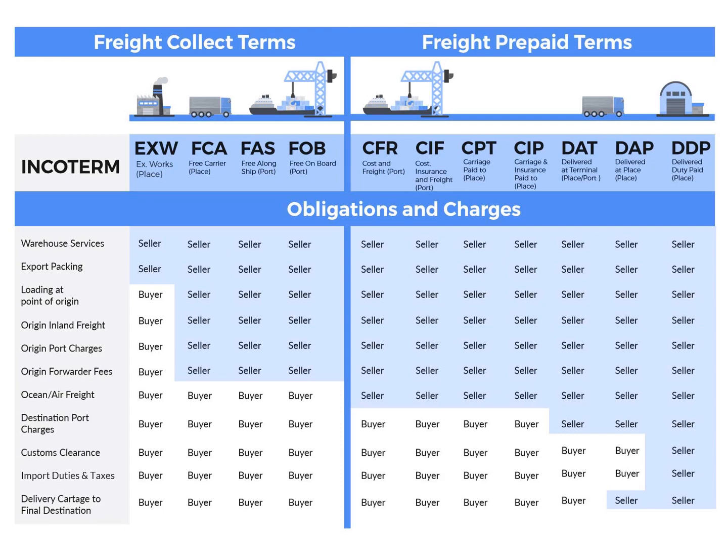Delivered at Place terms state that the seller pays for and takes responsibility for everything involved in the shipment all the way to delivering to an agreed destination. The buyer only pays for import duties and taxes.